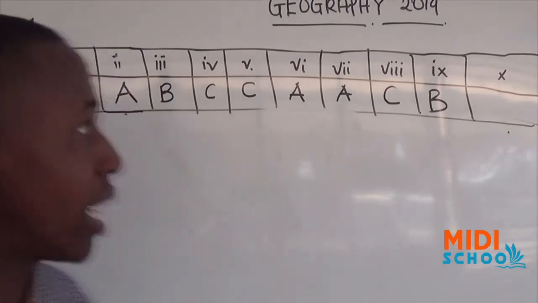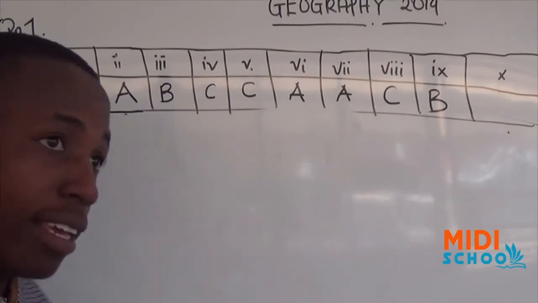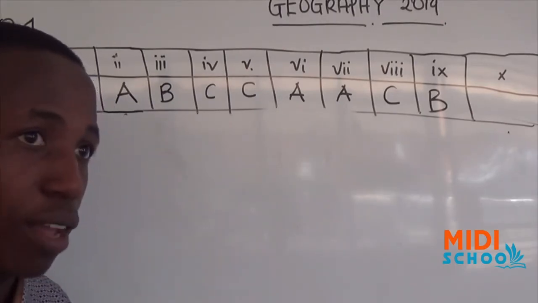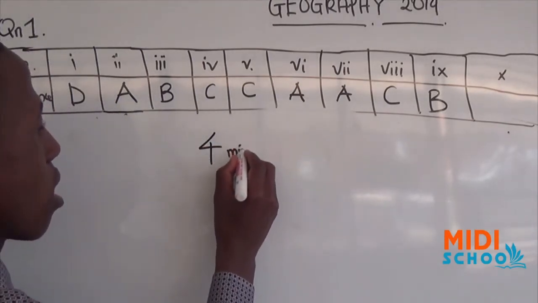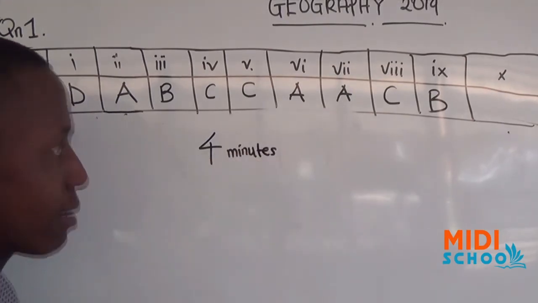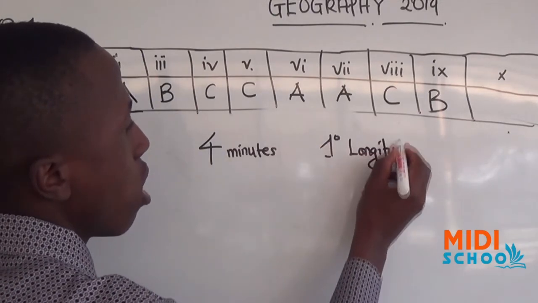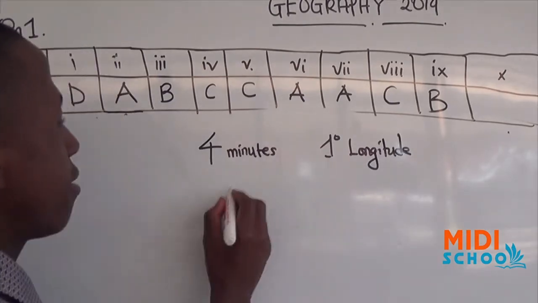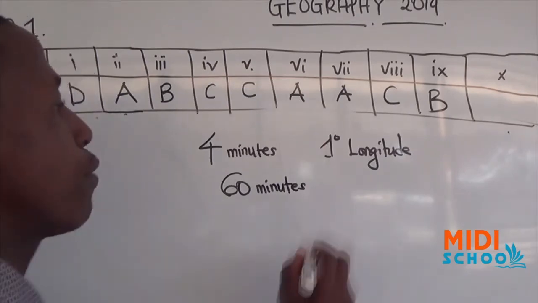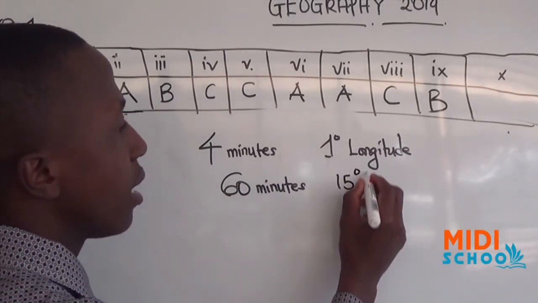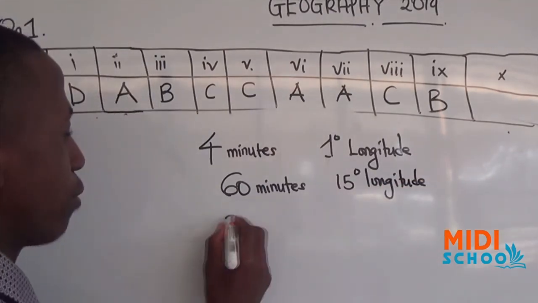I have explained before that the Earth's rotation is the one that results in the increase of 4 minutes for one degree longitude. 4 minutes is 1 degree longitude. 60 minutes is for 15 degrees longitude, for 24 hours.